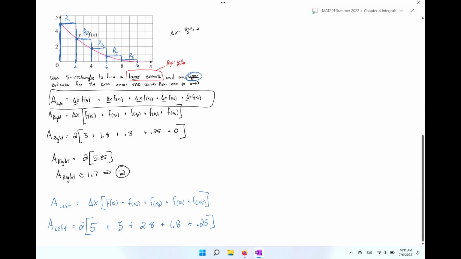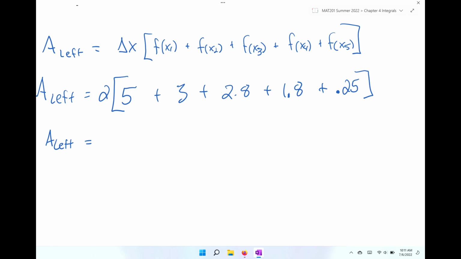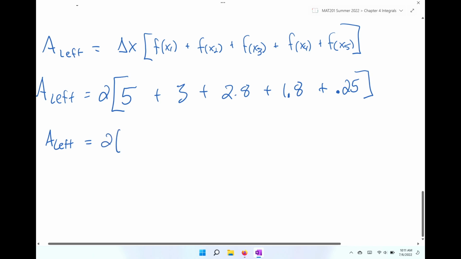Now I'm going to zoom in. The area of the left is going to be, if I take my calculator and just add all this up, give me 1 second, because I'm just doing this on my calculator. I get 2 times 12.85.